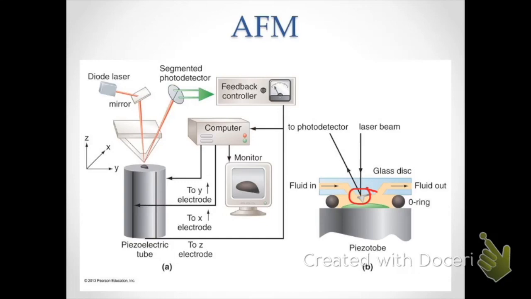We have a tip and it passes over the surface, and that tip is on kind of a cantilever setup so that, as is the case for scanning tunneling microscopy, there's an interaction with the surface, which is based on van der Waals interactions, and repulsive interactions cause the cantilever to move up and down on the surface.